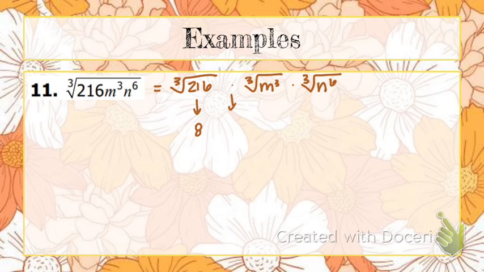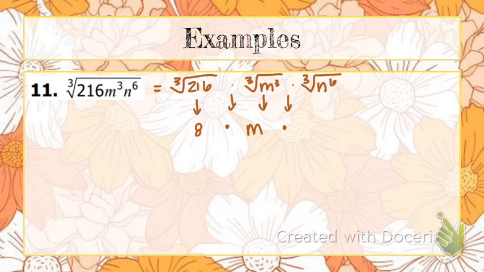Then we bring down our multiplication. And the cube root of m to the third, 3 is divisible by 3. So this is a perfect root, and it leaves us with no radical symbol. The cube root of m to the third is 3 divided by 3, m to the first. But we know that 1 doesn't have to be written.